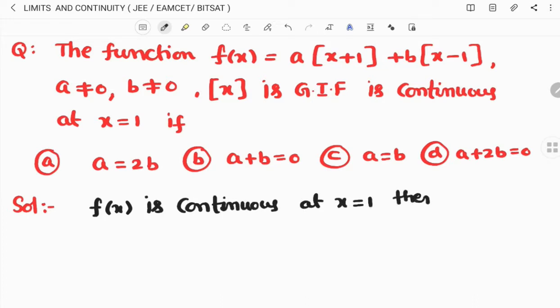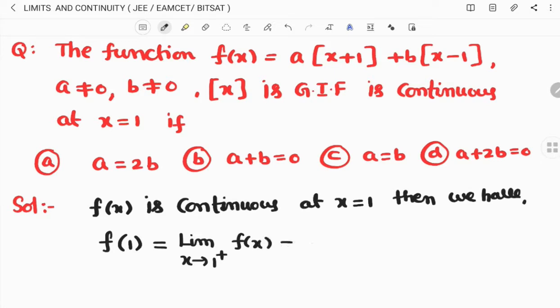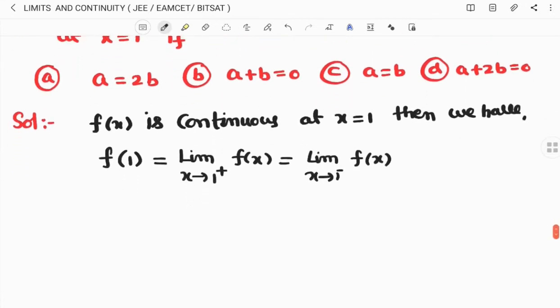Then we have f of 1 is equal to limit x tends to 1 plus f of x is equal to limit x tends to 1 minus f of x. So we need to calculate the values of f of 1, limit x tends to 1 plus f of x, and limit x tends to 1 minus f of x.